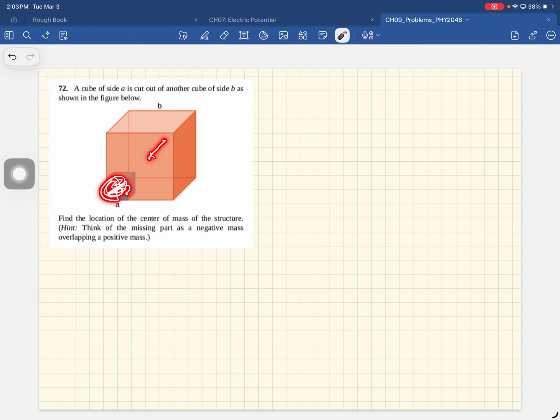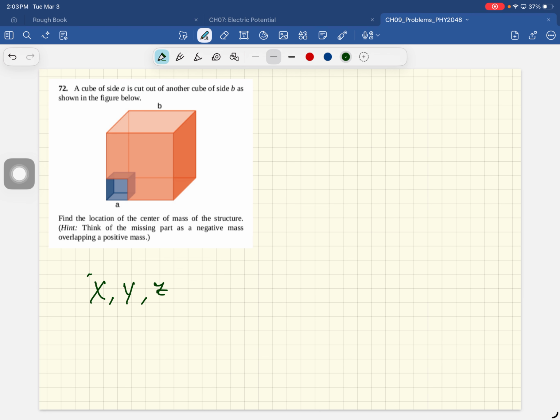So b cubed times b over 2 minus a over 2 times a cubed by b cubed. All right, pretty ugly looking thing, but okay, so 1/2 b to the power 4 minus a to the power 4. Okay, now it's looking good.